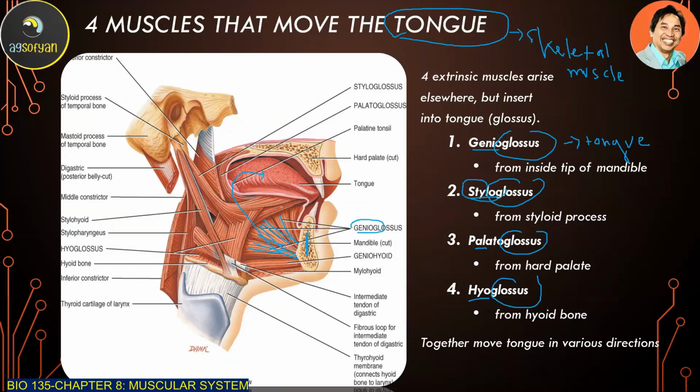And then styloglossus muscle. The origin is coming from part of the temporal bone called the styloid process over here. And this gives the origin for this muscle. So this muscle is called the styloglossus muscle.